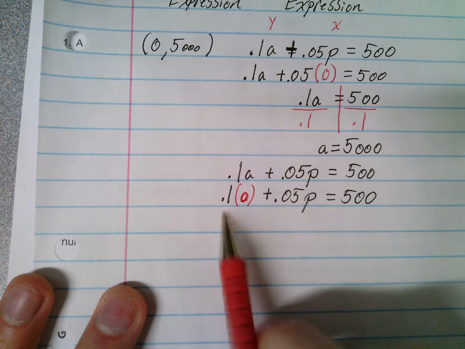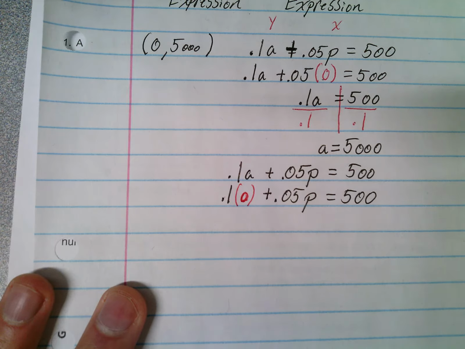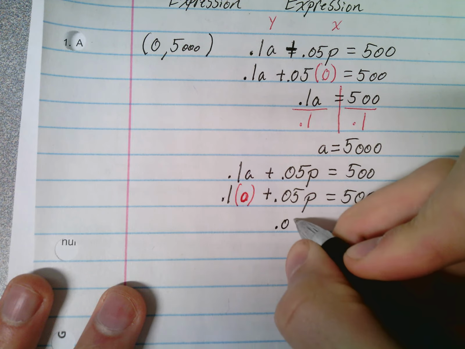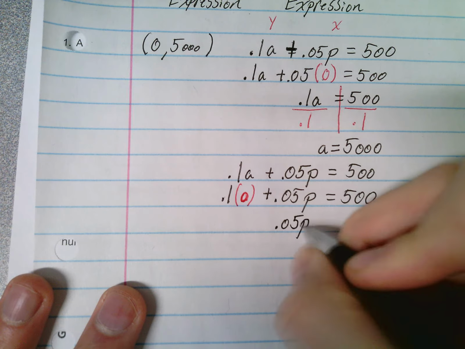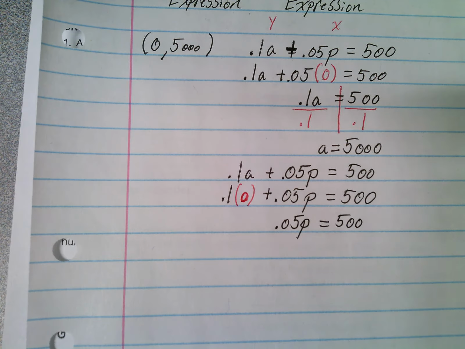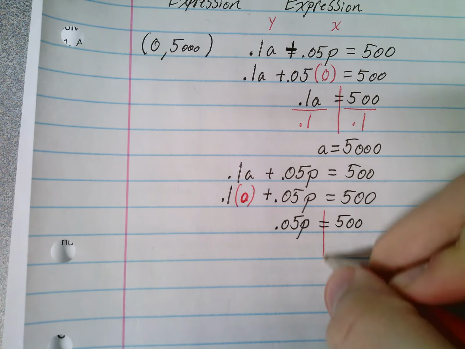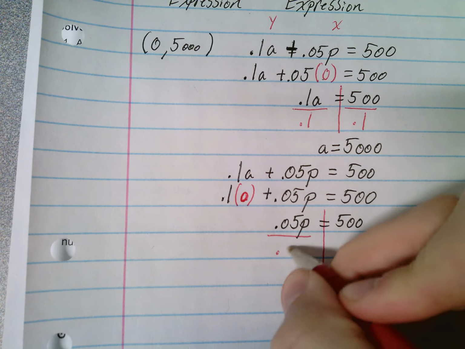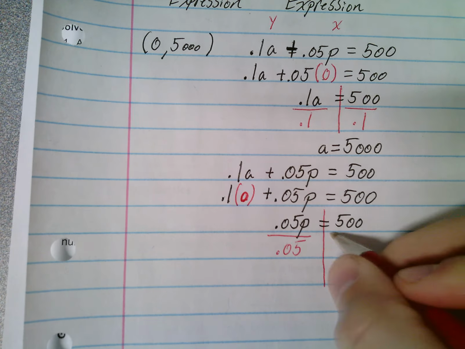Okay. Well, 0.1 times 0 is just 0. And 0 plus 0.05p is 0.05p. And then to get rid of that 0.05, we use our inverse operations, which means we must divide by 0.05.